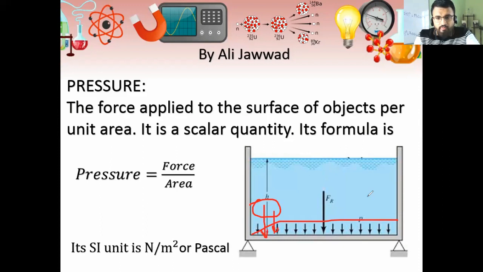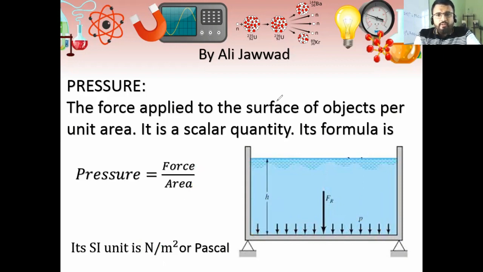And this portion of the water will have some weight, and this weight will be acting over here. So it means that the overall weight is distributed along the surface, which is calculated by force divided by area, that is, how many newtons are acting in 1 meter squared area of the surface.